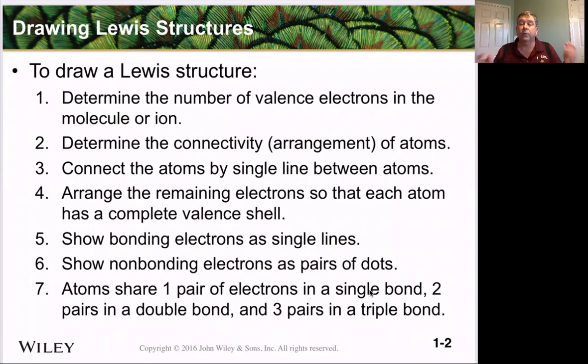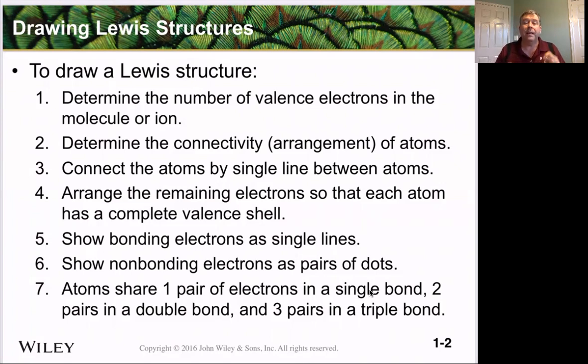The first rule in drawing a Lewis dot structure is to determine the number of valence electrons on the molecule or ion. That means we need to determine all the different electrons being contributed by all the different atoms, but we only want to use the valence electrons. For example, in carbon, that's our number 2 shell.